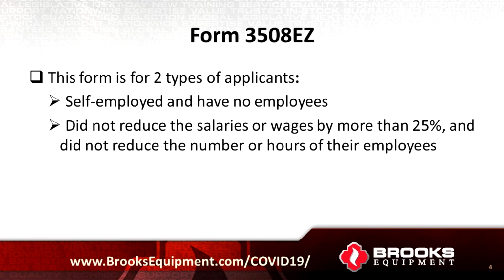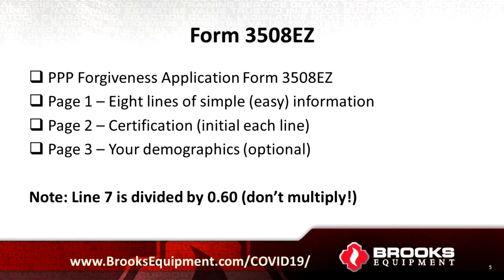Or, did you not reduce the salaries or wages of the employees by more than 25% and not reduce the number or hours of the employees? In order to qualify for Form 3508EZ, you must be able to certify at least one of the last 2 items on this page of the form.